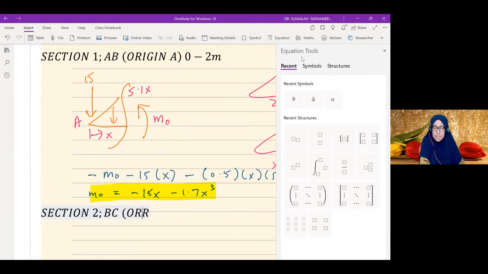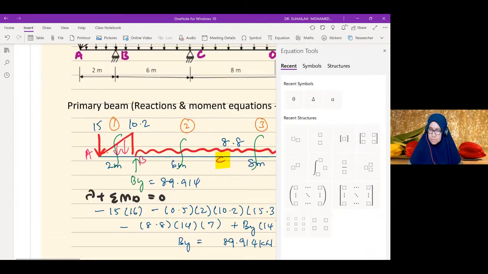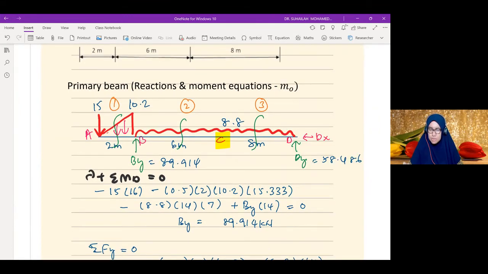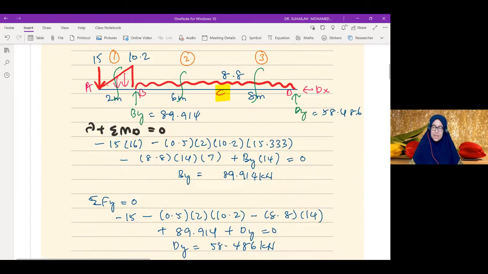That means not taking from A, because we don't want to analyze the triangular load anymore. So I want to choose the origin at D. Origin at D.